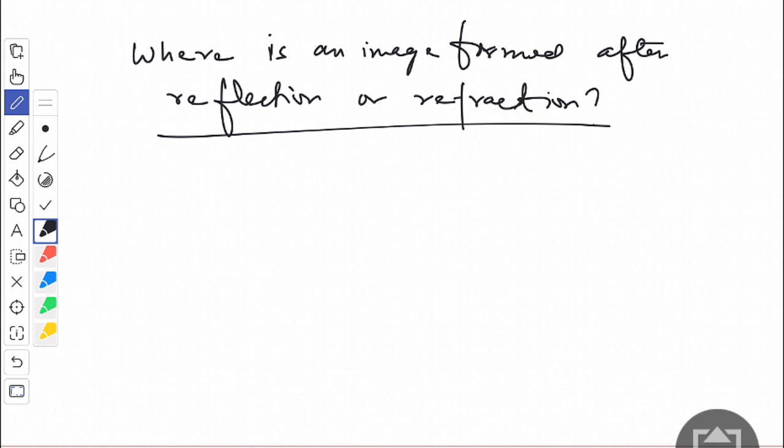Okay, so before the break, let me explain this. Where is an image formed after reflection or refraction?